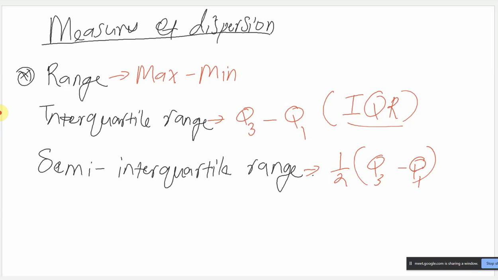I'm going to give you a set of questions which will involve all these concepts. For range, you just have to know the maximum number and the minimum number, and then you subtract the two. For the interquartile range, you find the higher quartile and the lower quartile. The semi-interquartile range is half of the IQR, so I can simply say 1 over 2 of the IQR.